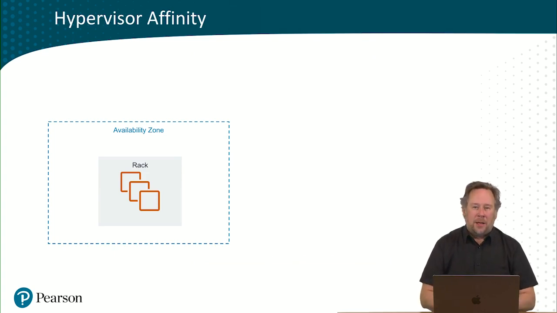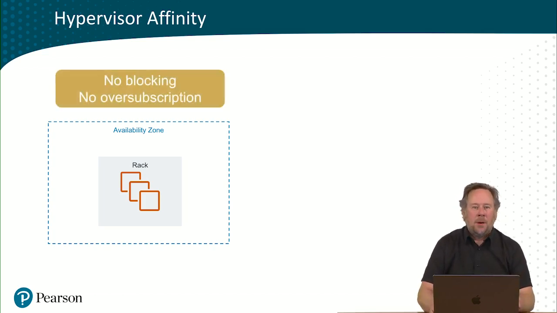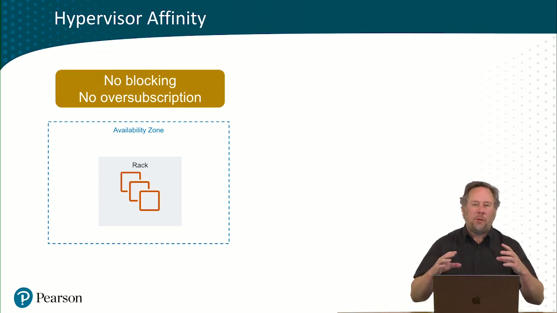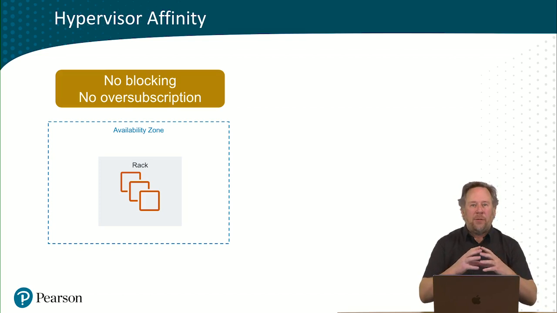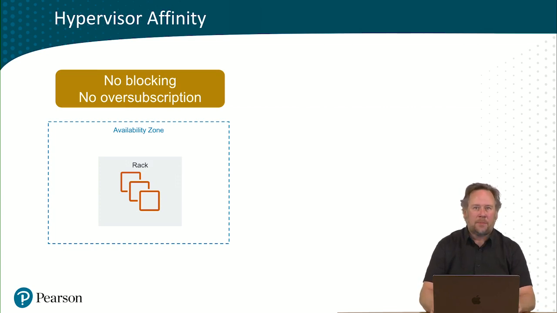Other ways of scaling are going to be for different requirements than just needing extra capacity. When scaling, if you want to prioritize hypervisor affinity, what does that mean? What you're trying to do is to place your resources as physically and as virtually close together as you can get without any sort of blocking or oversubscription.